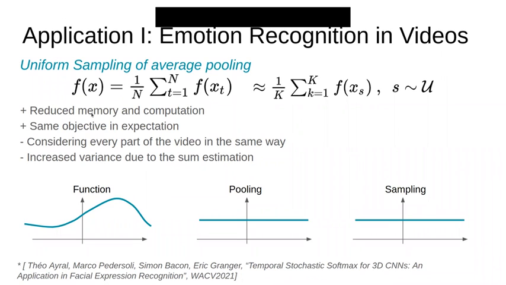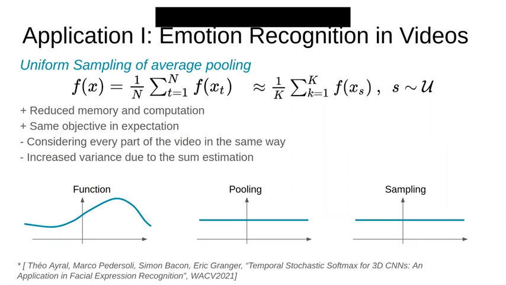The good point is that with this we still reduce memory and computation, because instead of considering the entire video, we just sample small parts of the video at each iteration of the learning. And we also have the same objective in expectation, because, as I said, when we use Monte Carlo sampling, we get an estimation that is unbiased.